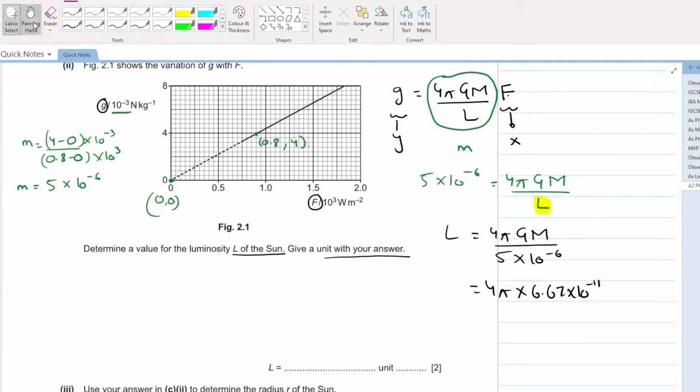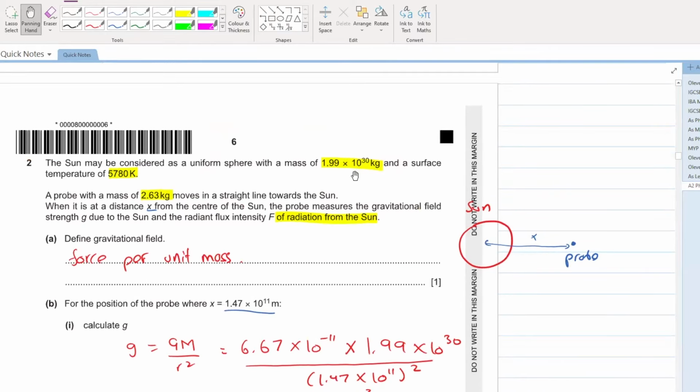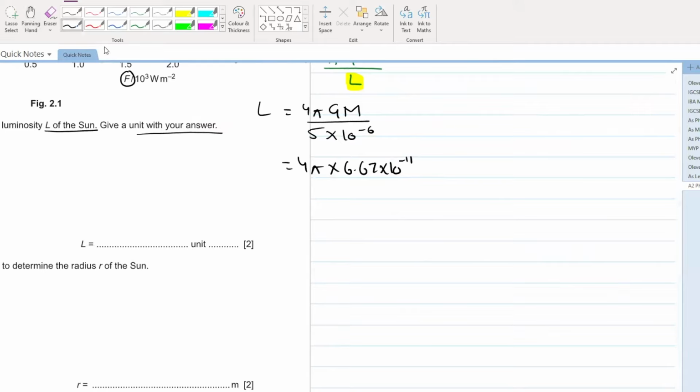Do you know capital M? Do we know the mass of the sun? Yep, 1.99 into 10 raised to the power of 30. Multiply it here. 1.99 into 10 raised to the power of 30 divided by 5 into 10 raised to the power of minus 6.